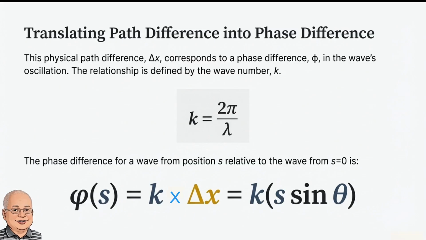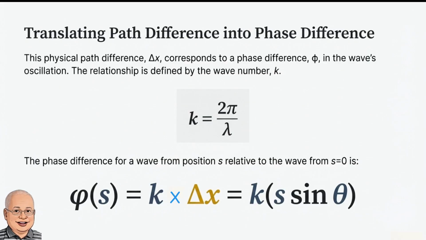Then we have to translate the path difference to a phase difference. For that, we define a number called the wave number k, which is equal to 2 pi by lambda. Then the phase difference of the wave from a position s relative to the wave from s equal to 0 is phi equal to k times delta x.